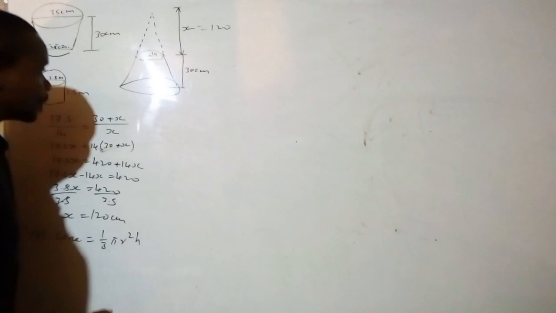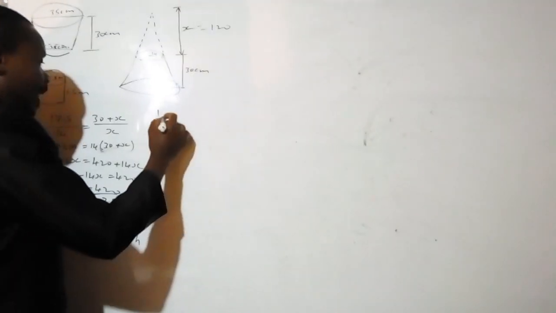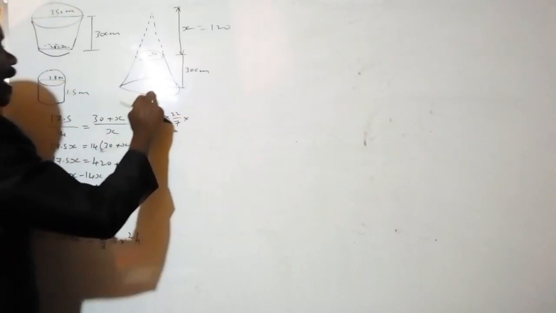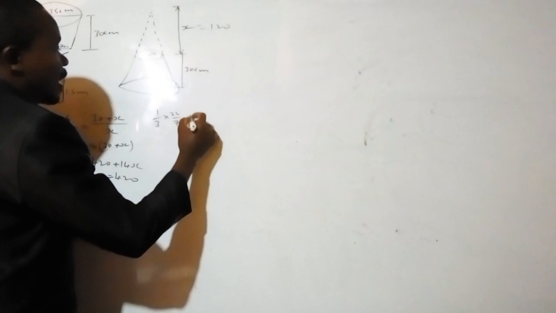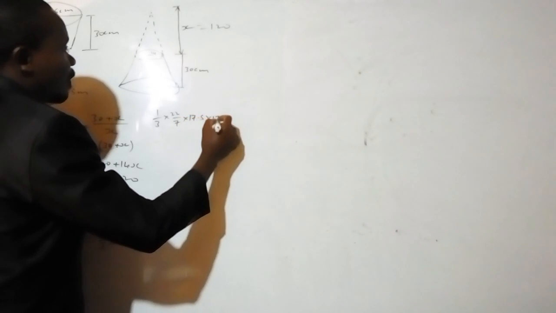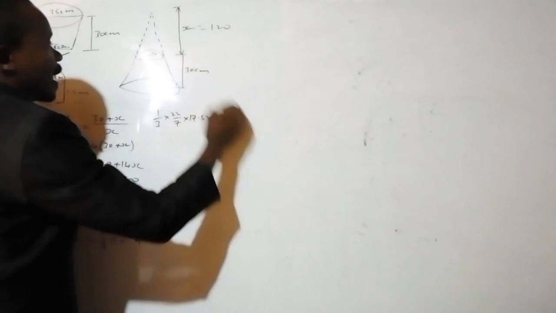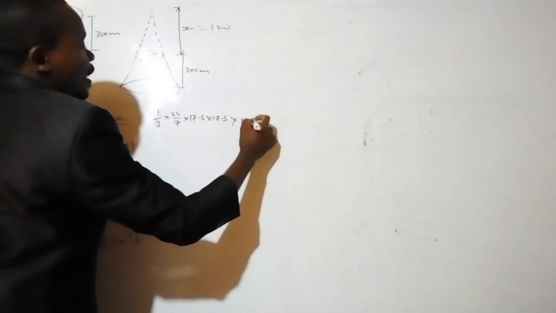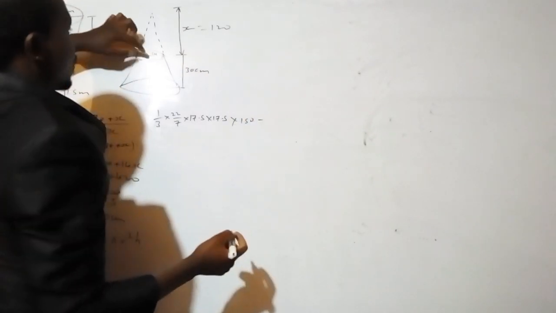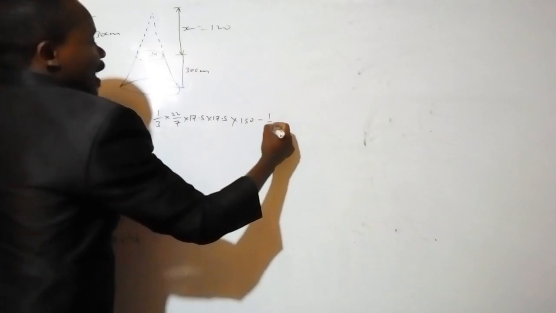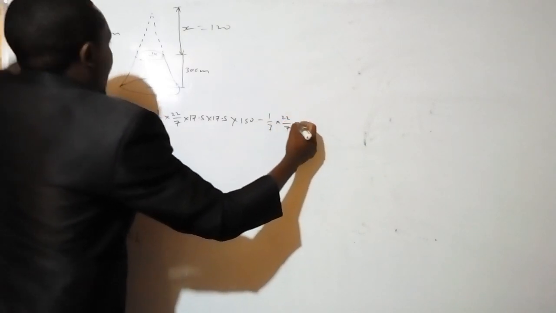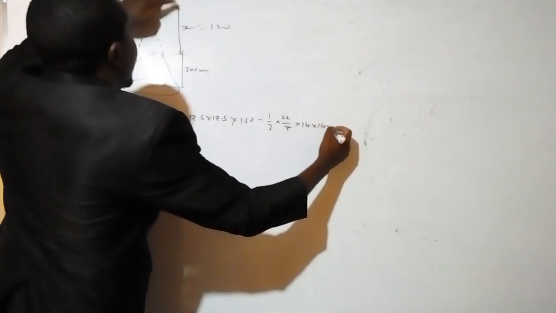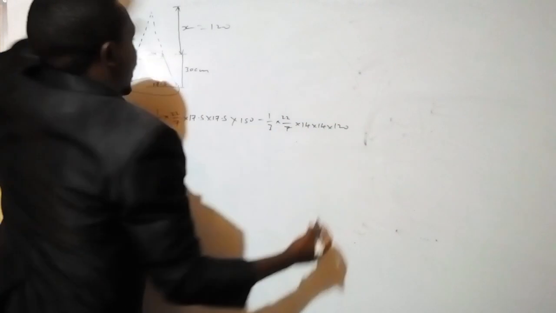I can write it here: a third times 22/7 times radius of the larger base 17.5 times 17.5 times height of the larger cone, that is 120 plus that, it's 150, minus the one at the top. A third times 22/7 times radius at the top, the smaller one, 14 times 14 times height of the smaller cone at the top, 120, or the one that had been removed.